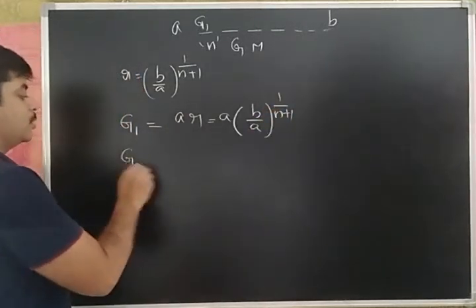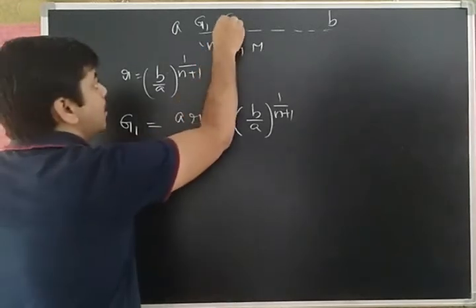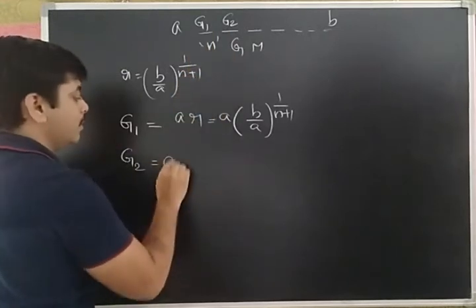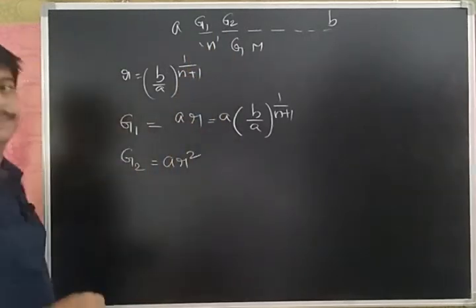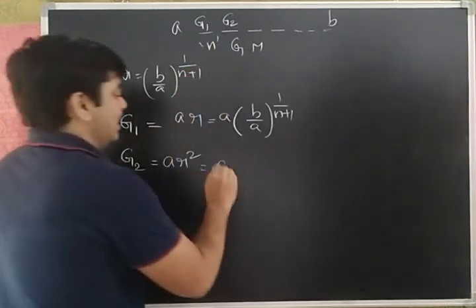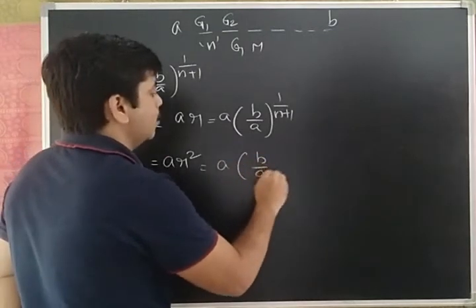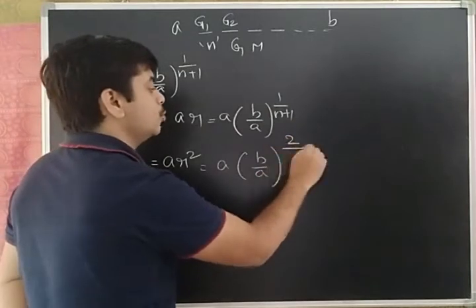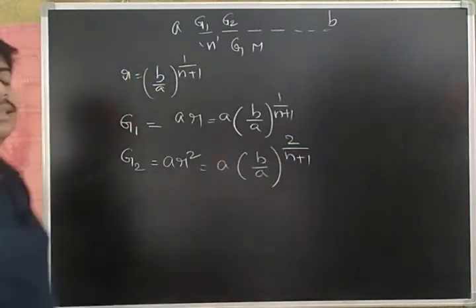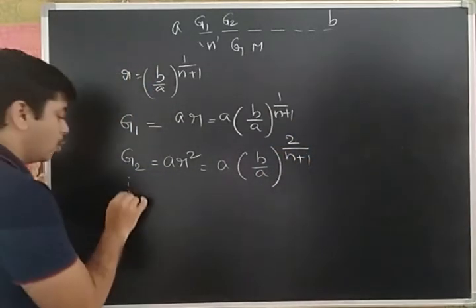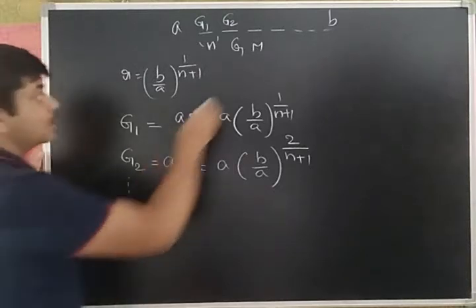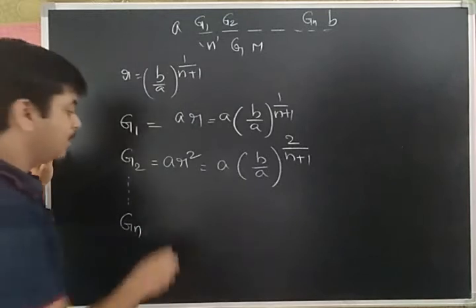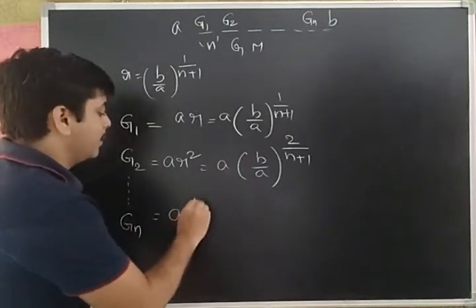What is geometric mean 2? G2, which is ar square. This element will be ar square. Correct. So a into r square, b by a whole power 1 by n plus 1 whole square, that becomes 2 by n plus 1. That is G2. So on, what is Gn? That is the last geometric mean, nth geometric mean. Nth geometric mean will be a into r power n.